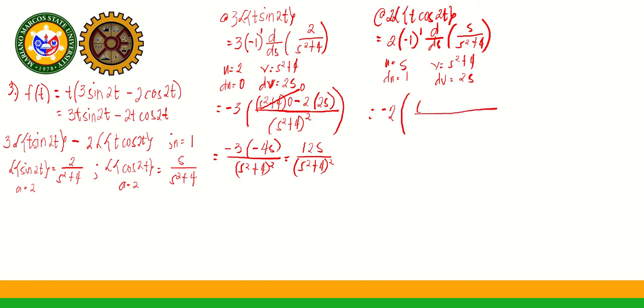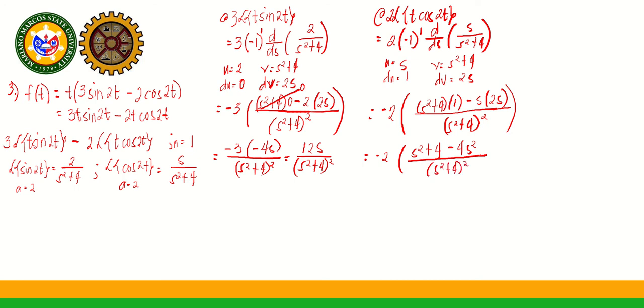This is v, s squared plus 4, times du is 1, minus u times dv over v squared. Okay? So, this will be equal to negative 2 times s squared plus 4 minus 4s squared. Tama? Yes, tama. Over s squared plus 4 quantity squared.